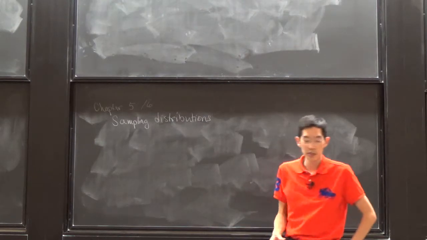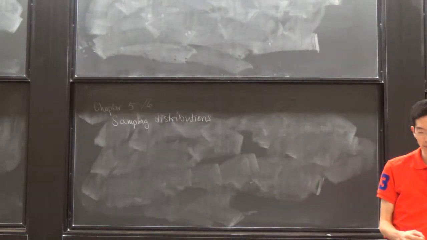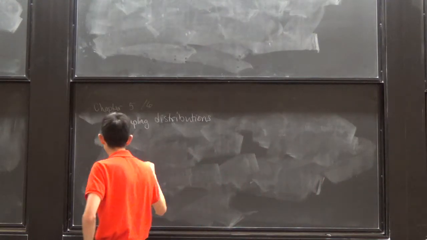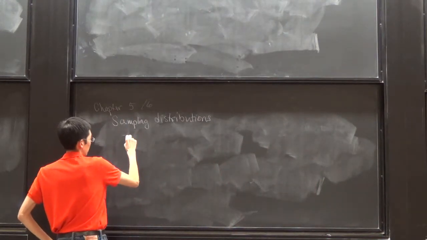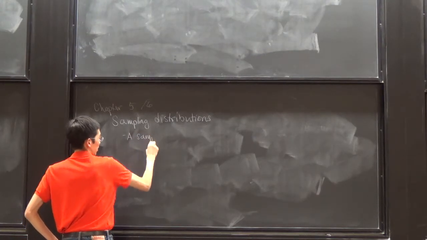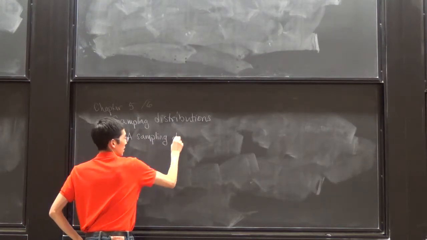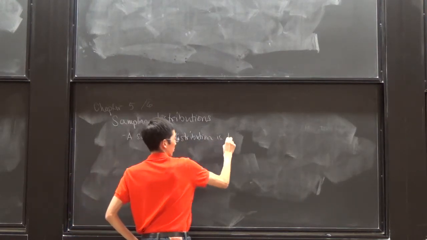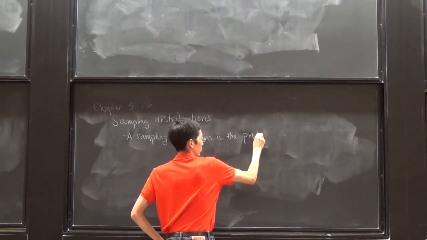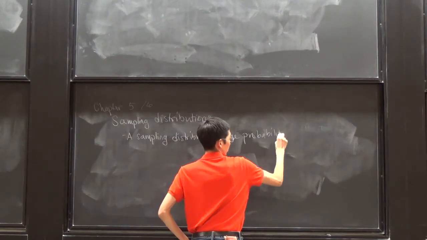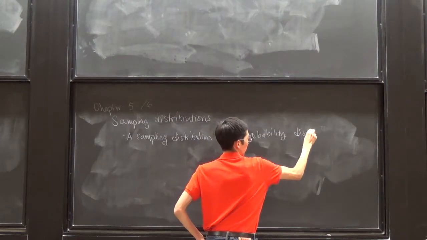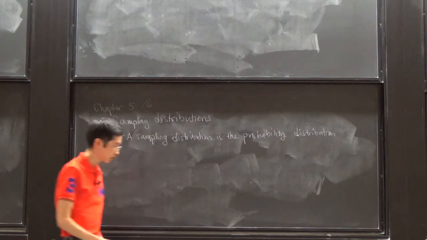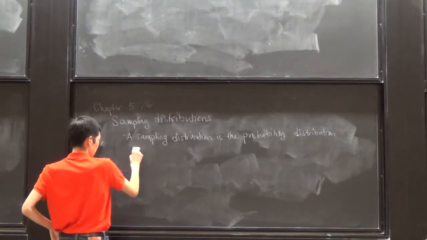All right, so a sampling distribution is the probability distribution of a sample statistic.